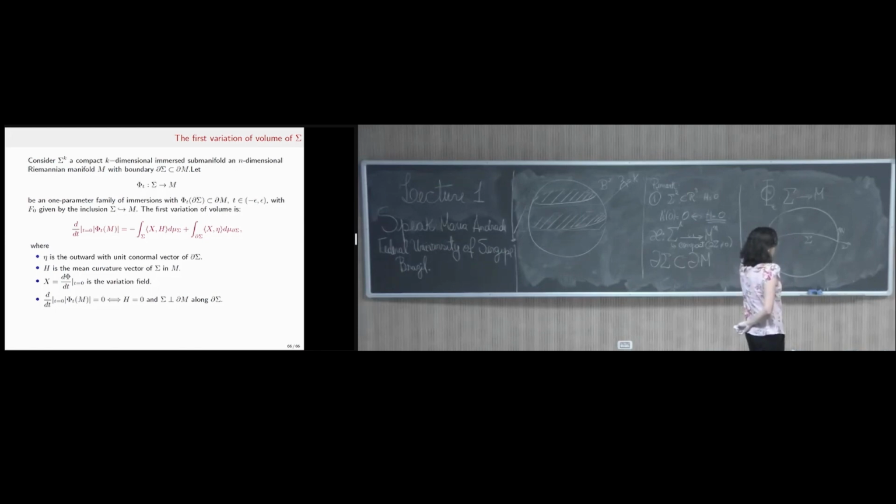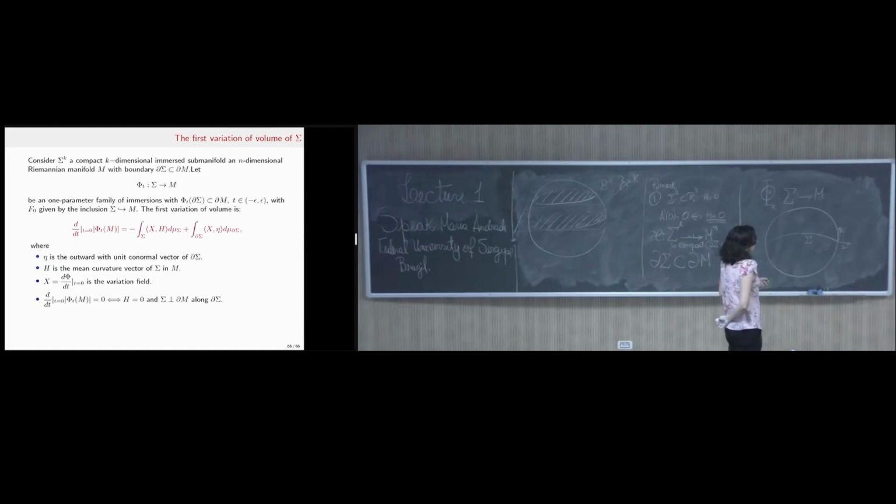But you can define in the same way that I explained for you in the classical result, when I talk about surface in Euclidean space with constant mean curvature. Remember that when I told you about this, you showed that in the classical result you have a critical point if the mean curvature is constant, but you preserve the volume.